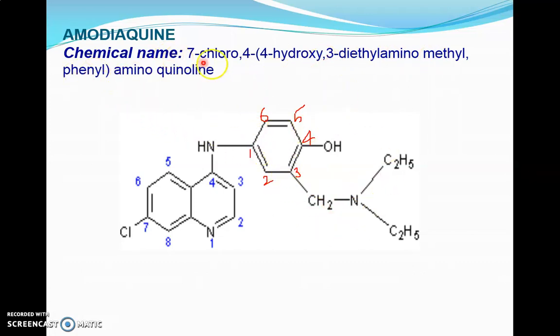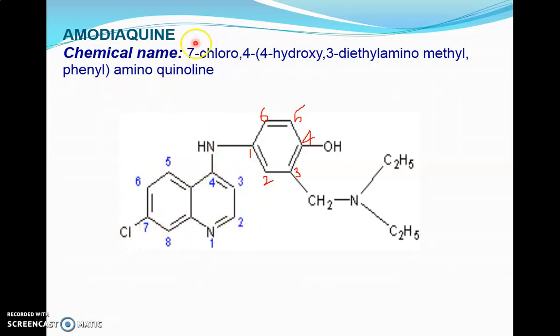That's why phenyl again comes in a bracket, because the phenyl is a part of a complicated substituent, and this complete complicated substituent is attached on the 4th position of this quinoline. That's why 4 comes out of the bracket, and it's a 4-amino quinoline.